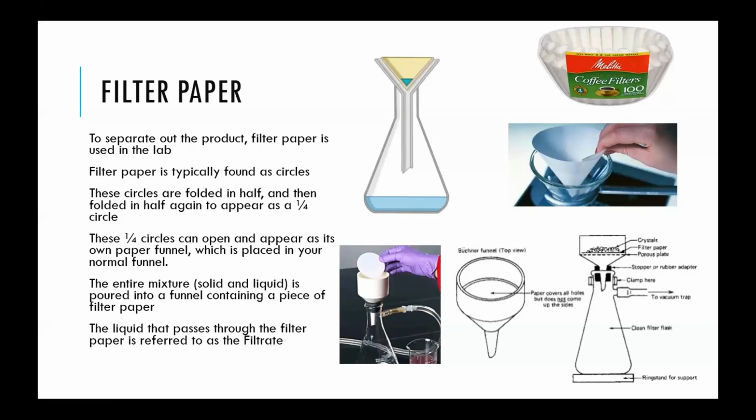By filtering, you can separate a mixture of solid and liquid into the solid component, and you can go on and perform chemistry with that, and the liquid component, or the filtrate, and you can go on and perform chemistry with that. The filter paper very nicely separates the blend into both components.